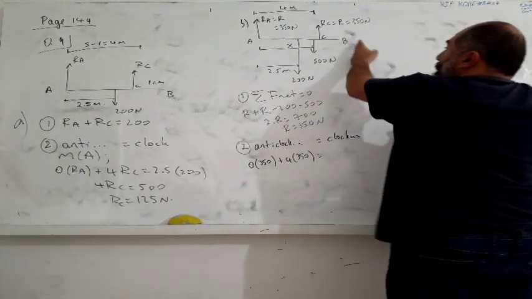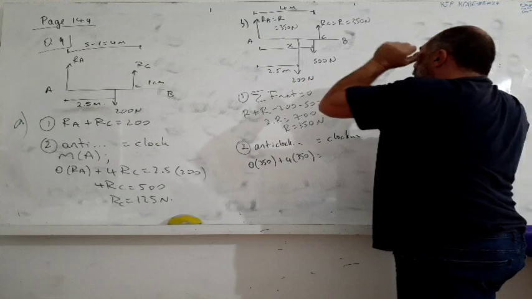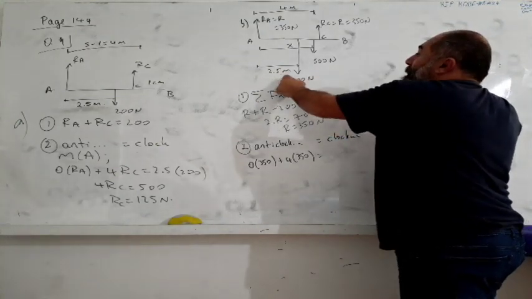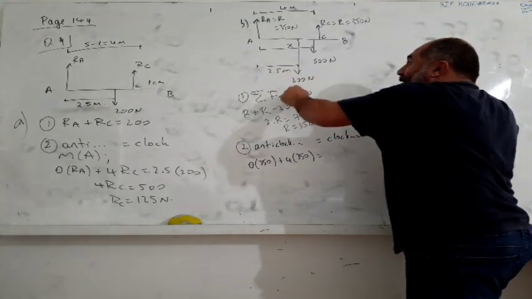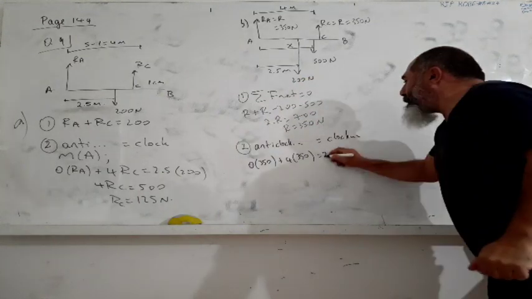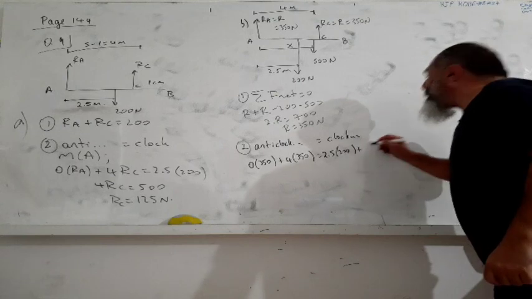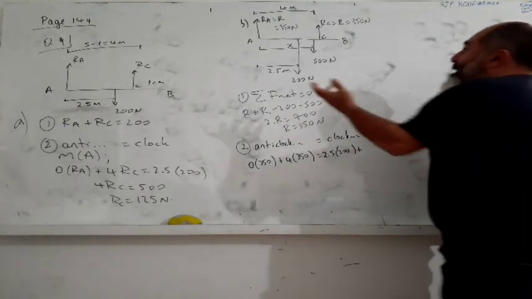The distance of the weight of the beam from A is 2.5 and the force is 200. So 2.5 times 200 plus the distance of the woman with weight 500 from A, which is unknown. We called it X, and the force is 500.